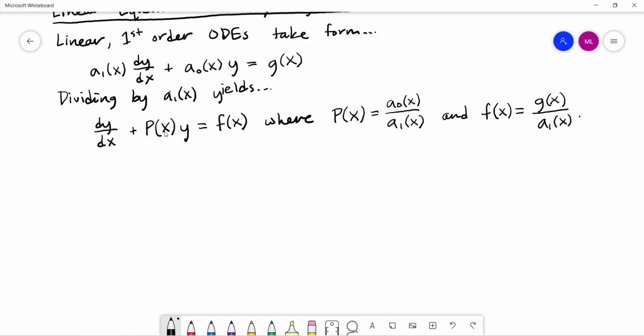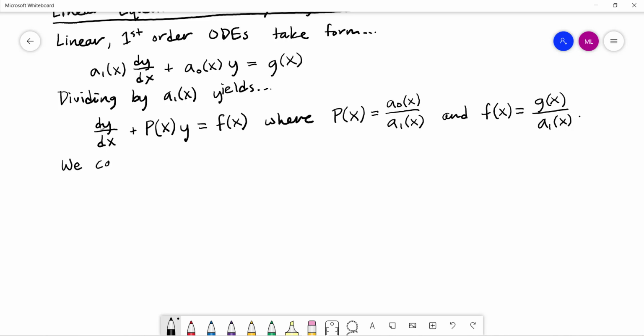Because I have this p(x) that I want to get rid of to make y stand out by itself, if I divide by p(x), it'll make this term more complicated. If I multiply this term by dx to make it simpler, it'll make this term more complicated. So in both cases, undoing the dx or undoing the p(x) will simplify that particular term, but it'll complicate the other term, and we won't be able to solve for y all by itself on one side of this equation.